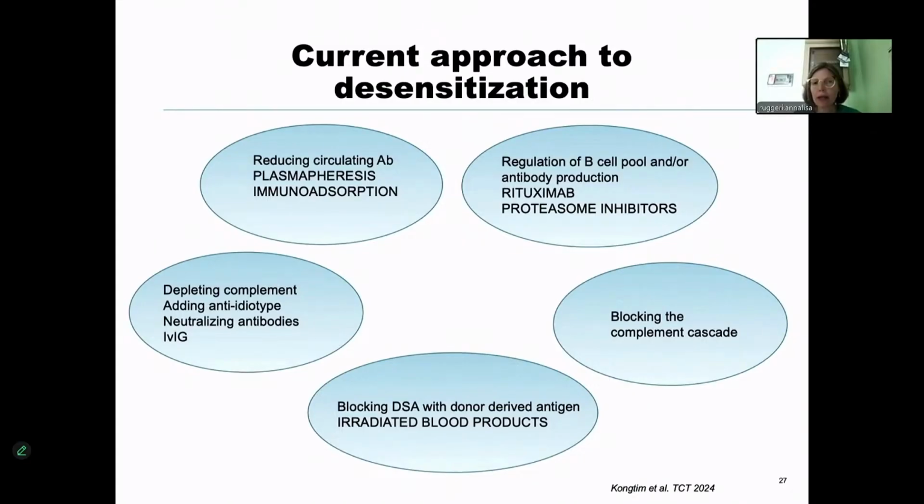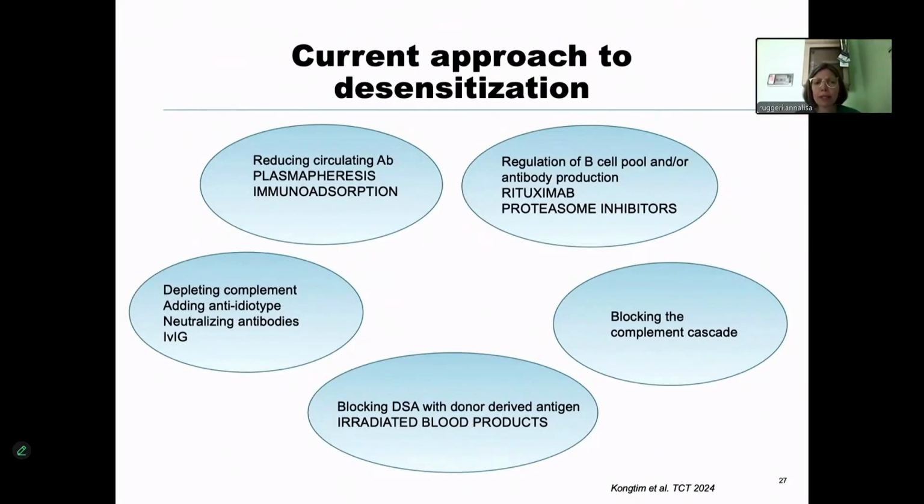One possible is the physical reduction of the circulating antibodies using plasmapheresis or immunoabsorption, or the regulation of the B cell content and the antibody production using the proteasome inhibitor or rituximab, the blocking of the complement cascade, and also the use of irradiated blood product in order to block the DSA with other donor-derived antigen.